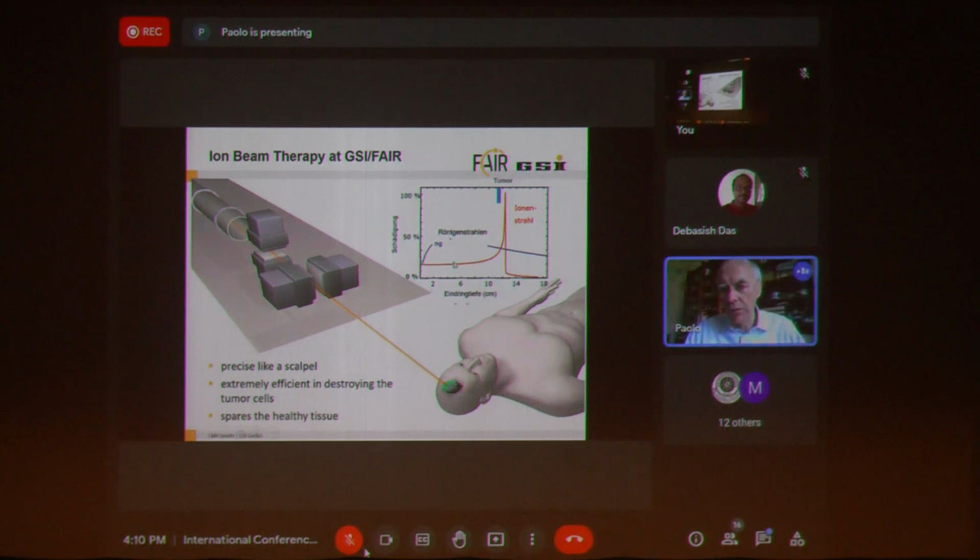On the opposite, if you use an ion beam, you will limit the amount of radiation given to the healthy tissue, and maximize the energy deposition into the cells that you want to kill. And that is, of course, of enormous importance when your tumor is in a region where the healthy tissue is particularly precious: in the brain, in the eye, in the spinal cord.